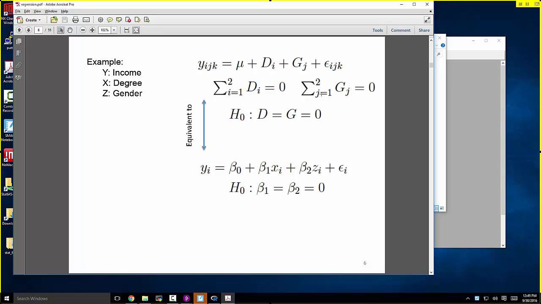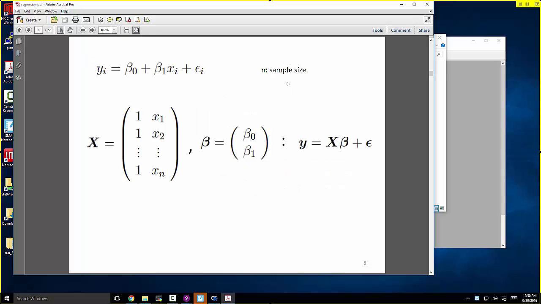A standard way to do that is to force the D's to sum to 0 and to force the G's to sum to 0. Now there is only 1 degree effect and 1 gender effect. It goes positive for males, goes negative for females. Positive for sciences, negative for arts.